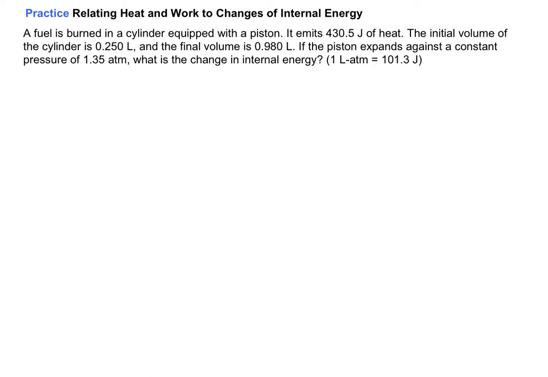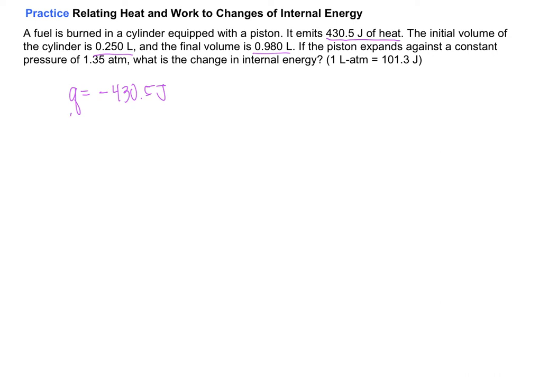In this problem, we have a little bit more steps to take, and this is going to be a much more common type of question you might see on a free response. So I have a cylinder with a piston. It emits 430.5 joules of heat, so I'm going to write that down as I go. It emits it, so it's negative 430.5 joules. The initial volume of the cylinder is 0.250 and the final volume is 0.980 liters.